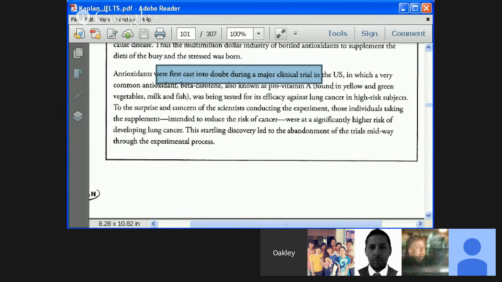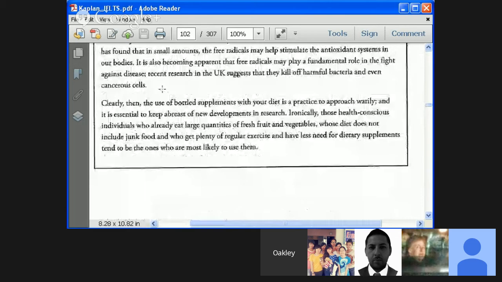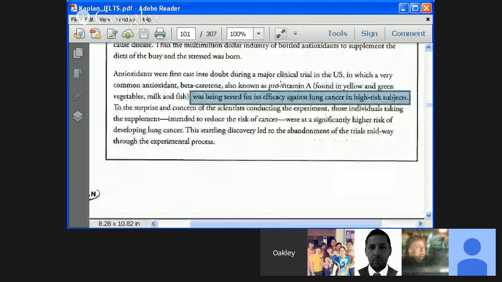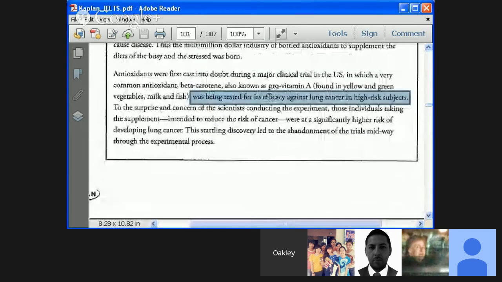So antioxidants were cast into doubt during a major clinical trial. Does that answer our question? Did a trial happen after the study? No, the first cast was before the study.